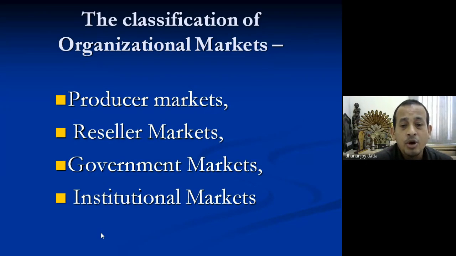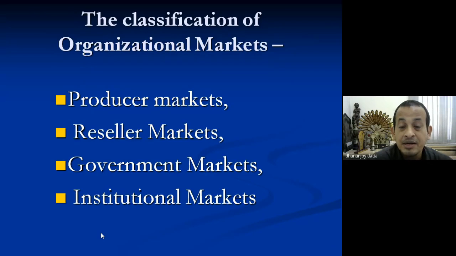Then we'll talk about the government market. The government market includes the government sector, state government, and central government. The government organization spreads from the village panchayat, then municipal corporation, then subdivision, district, state, then central. So you can see how vast it is.